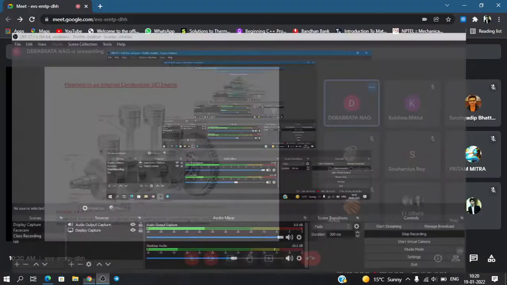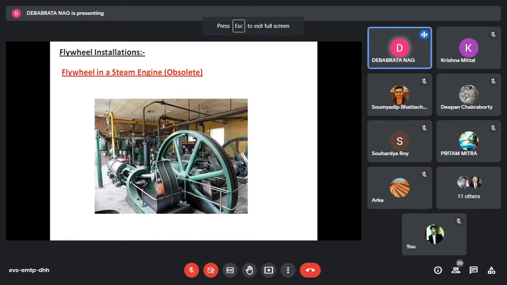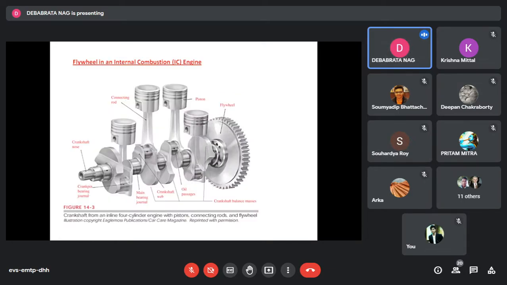Although the practical installation of the flywheel in steam engines has become more or less obsolete today, nowadays we rely on the internal combustion engine. Though there is a huge pressure on the automobile industry to introduce electric vehicles, still today IC engine installations play a major role in the automobile sector.